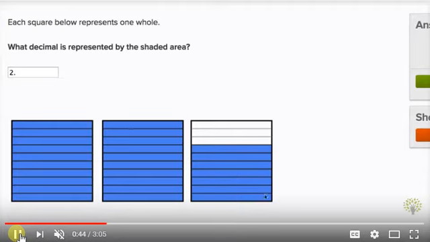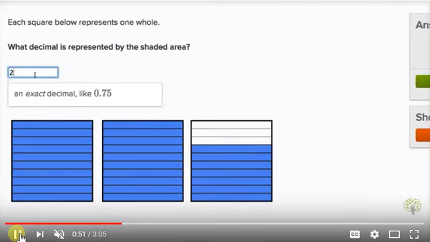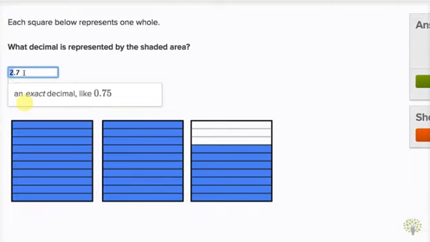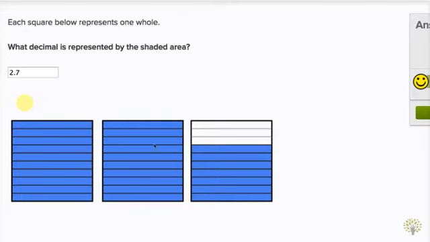So the shaded part for the third square is going to be 7/10. As a decimal, that is going to be 0.7. That is 7/10. In fact, this position here is the tenths position. So the full shaded part here is 2.7.